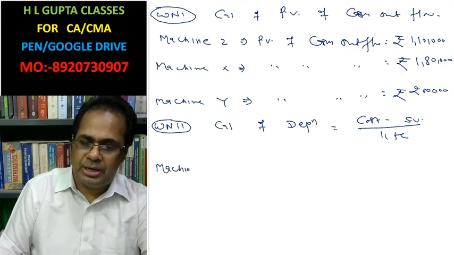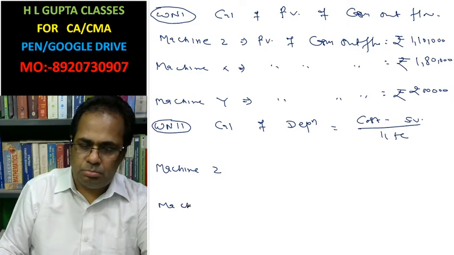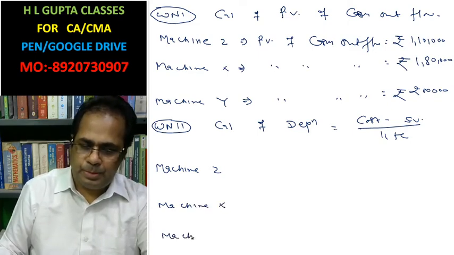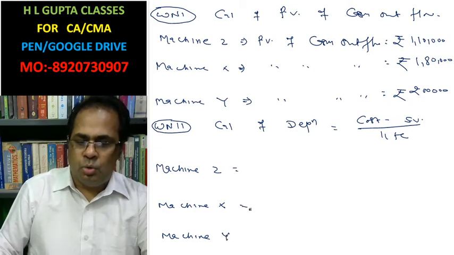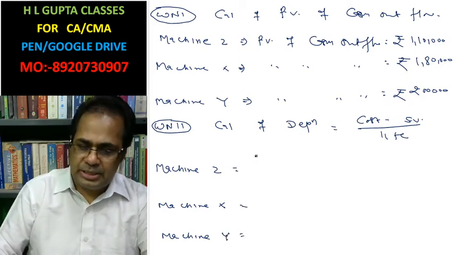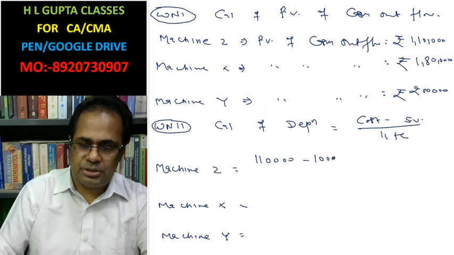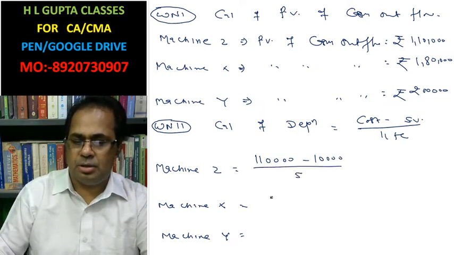We have to calculate for machine Z, machine X and machine Y. For machine Z, the cost is 1,10,000 minus a scrap value of 10,000, and the life of this machine is 5 years.